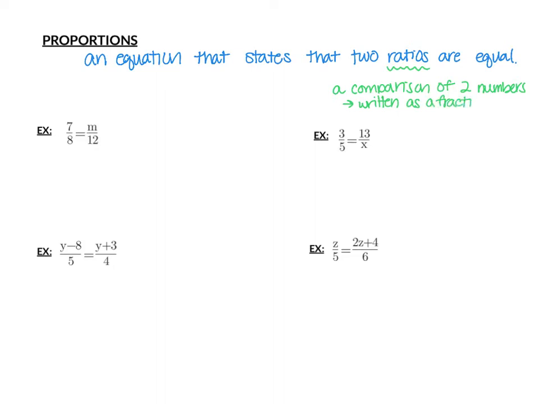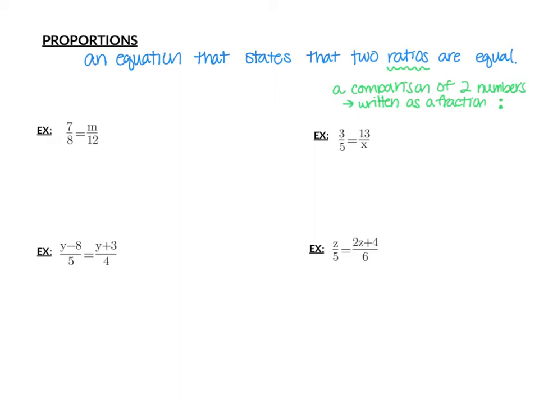But you've also seen ratios written with the colon as well. So sometimes you can see it written that way. But for our purposes in Algebra 1, we are going to use a fraction. So a proportion is two ratios that are equal, so two fractions that are equal.